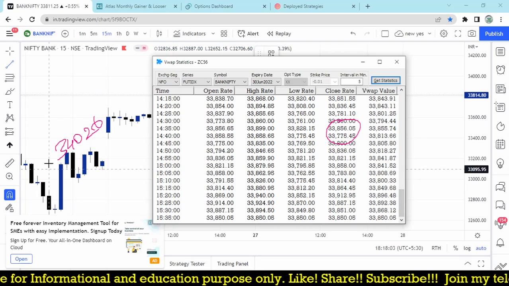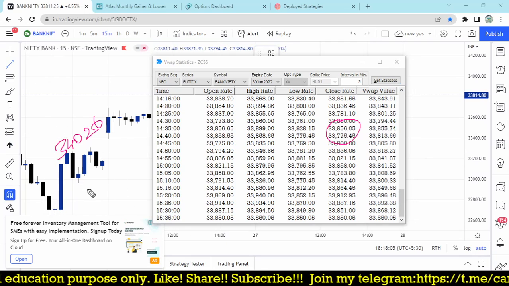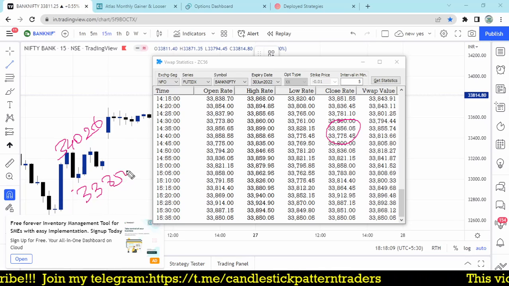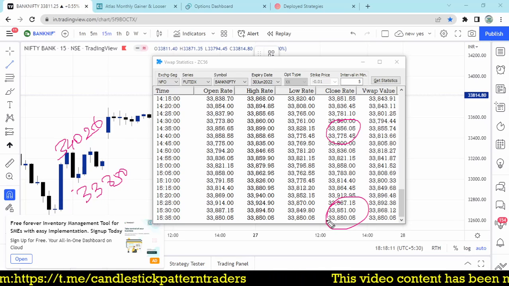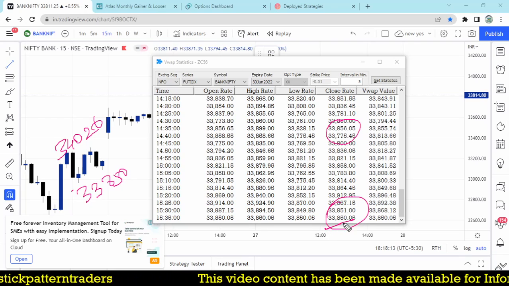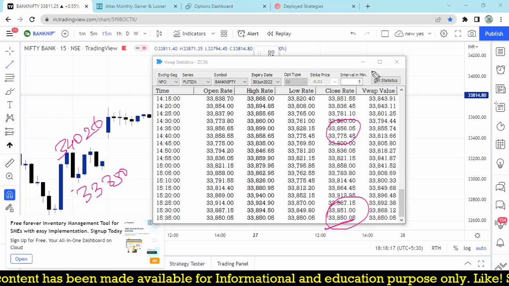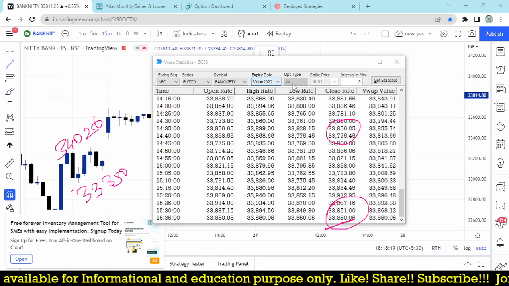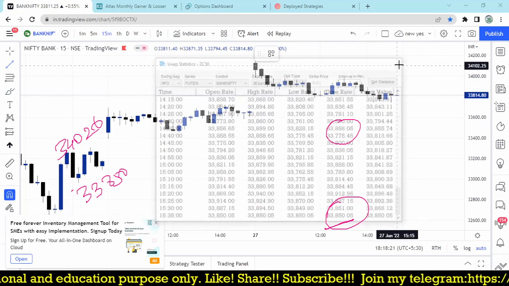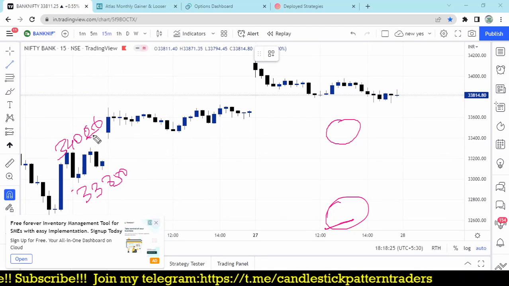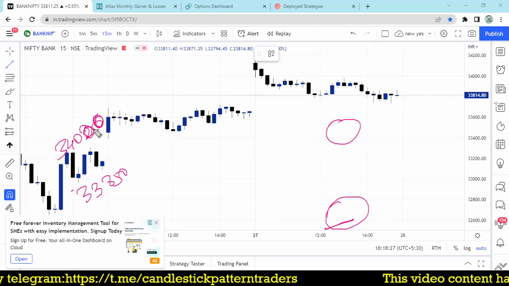And at the end of the day, where did Bank Nifty close? At 33,850. Do you see that? Closing at 3:30, 33,850. If I do a Bank Nifty futures trade, let's assume I plan a trade in futures, let's assume the round number of 34,000.